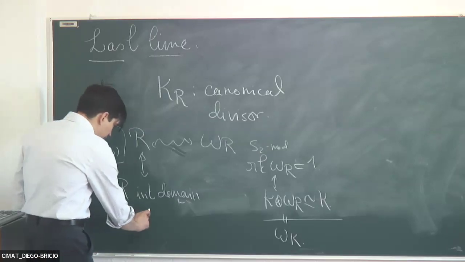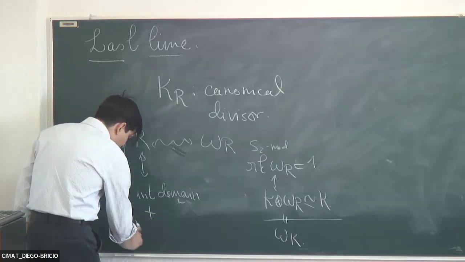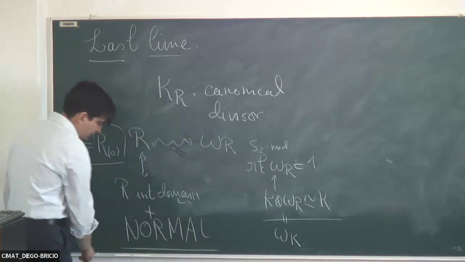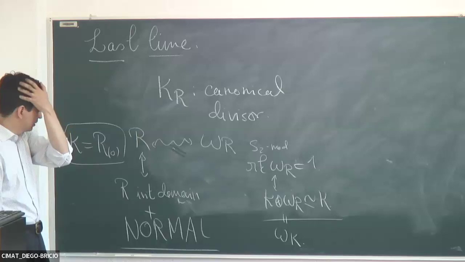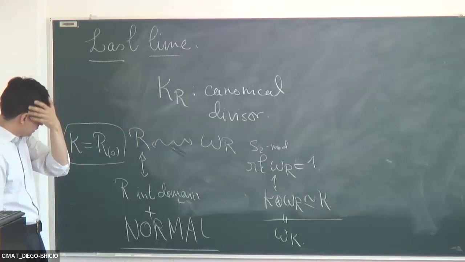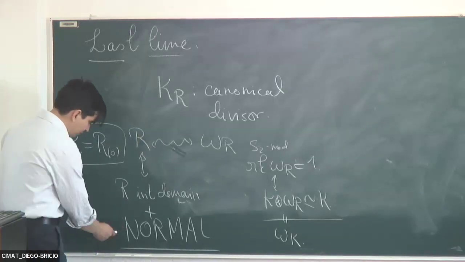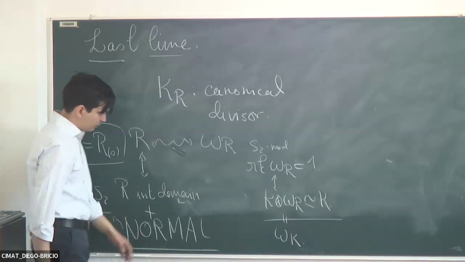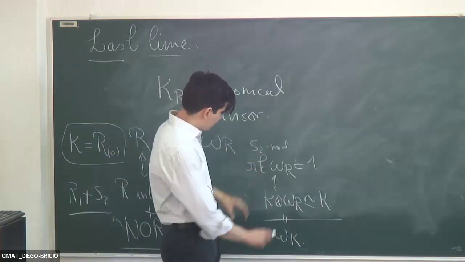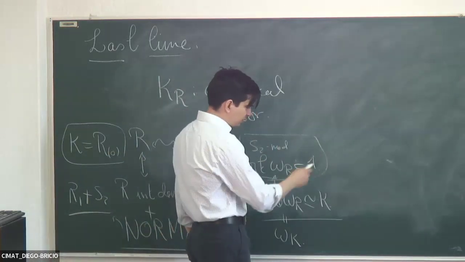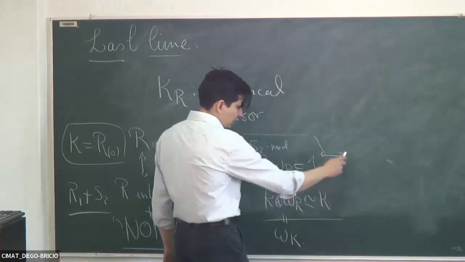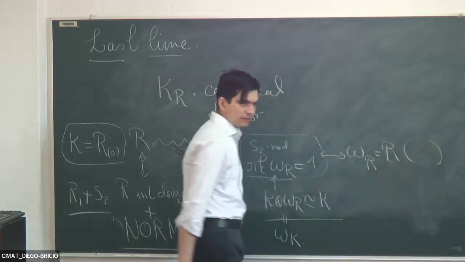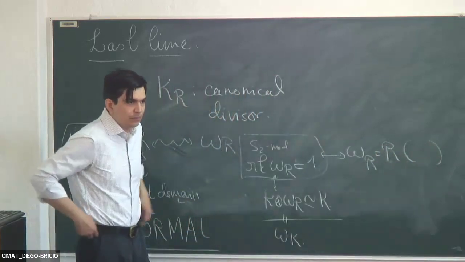Okay, and so if we further add normal, right? And so we spent a big deal of time talking about this. If R is normal, remember this means R1 plus S2. With this hypothesis, we can combine these two hypotheses into saying that omega R has to be R of some divisor, right?